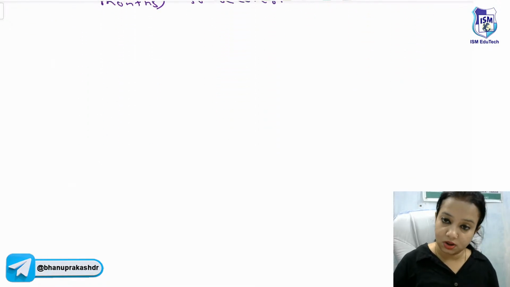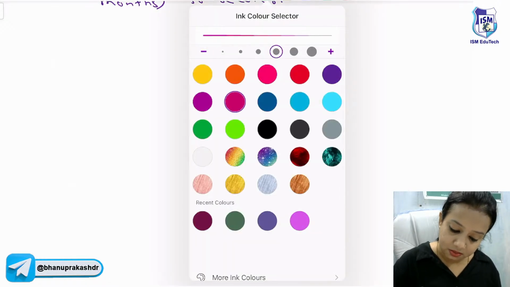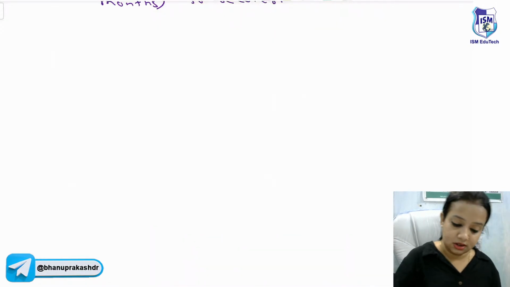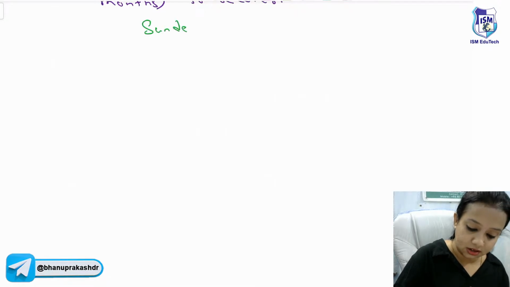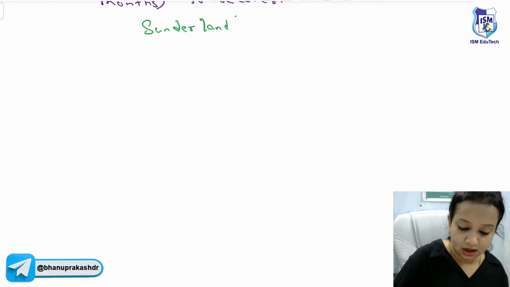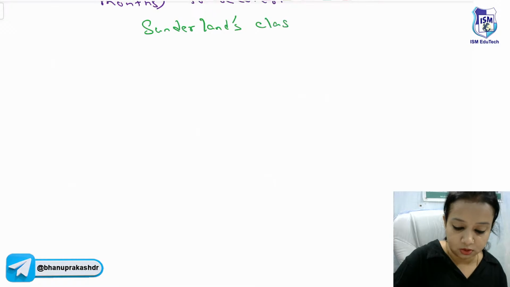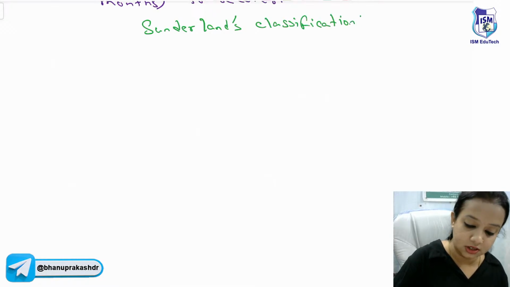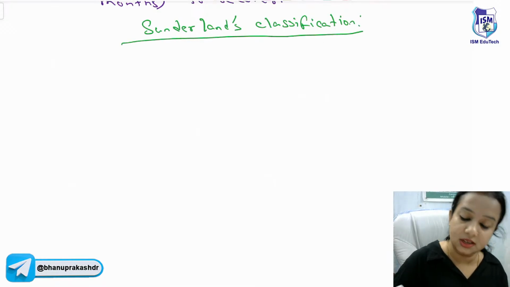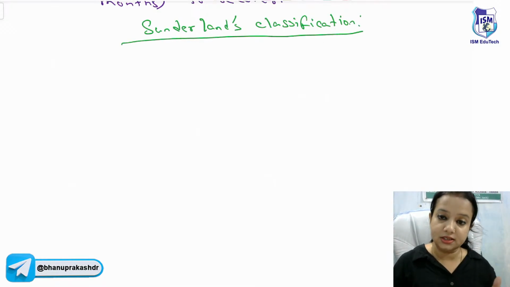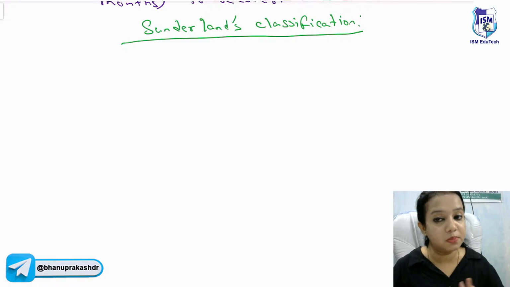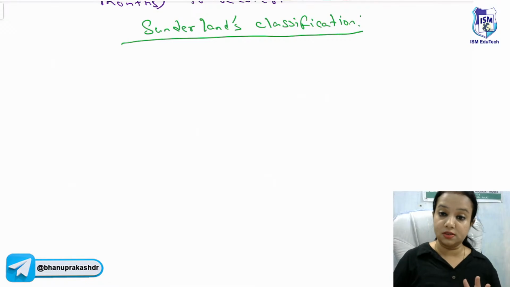Now, this one has been further taken and classified by Sunderland. Sunderland has proposed a different type of classification which is now widely in use. He has classified the injury by degree depending on the severity, like how severe it is.